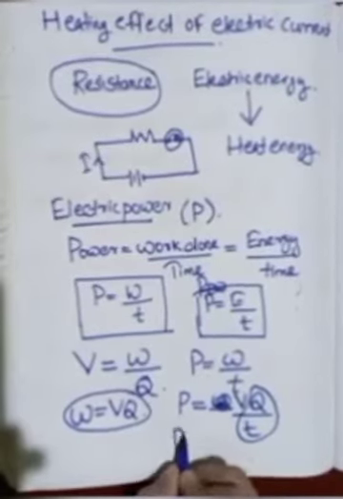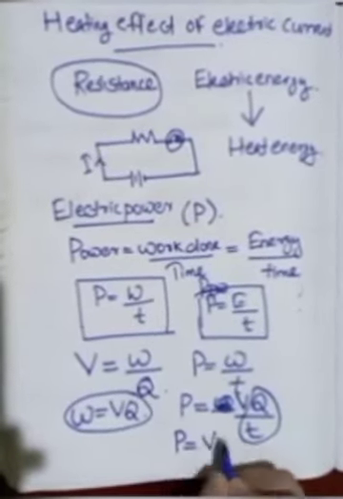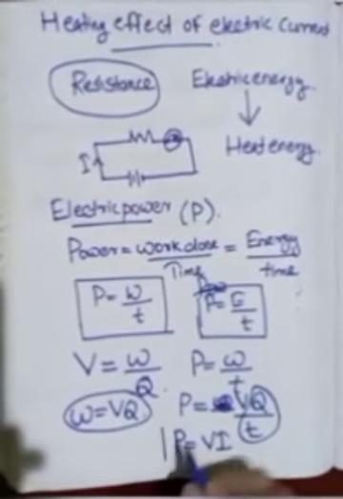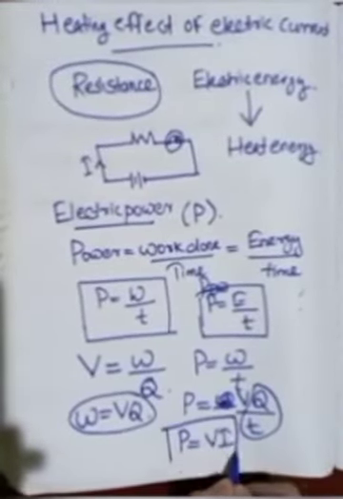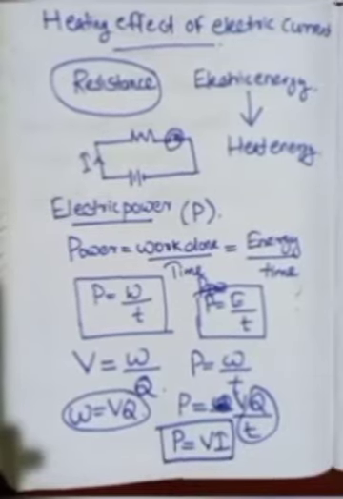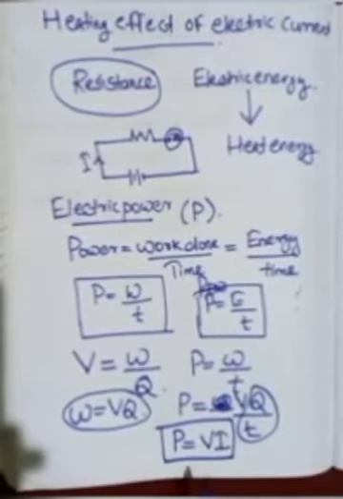So we can substitute Q by T as I, electric current. This is another equation for power, the relationship between electric power, potential difference and current, that is P is equal to V into I. And it can be written in another form.